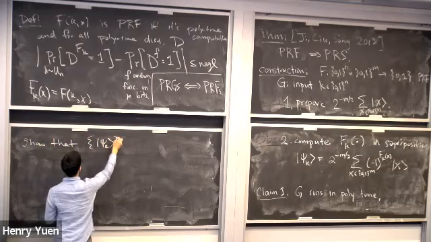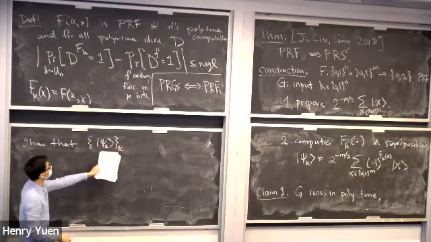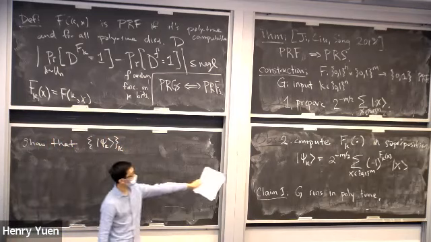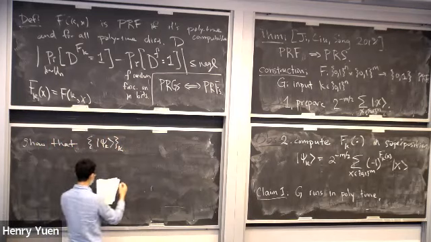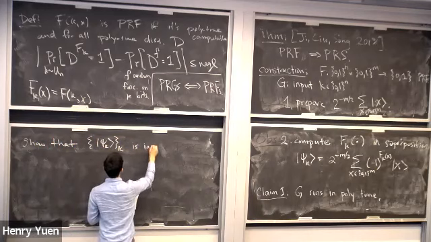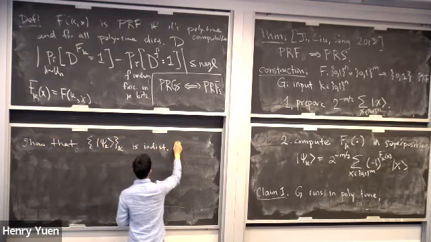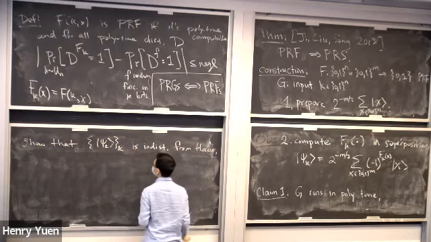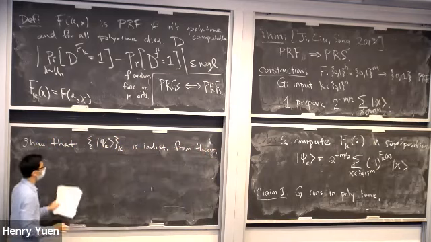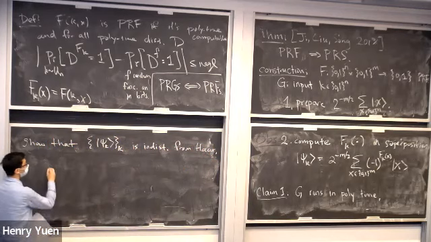So for every key K, there's a different quantum state psi sub k. We're going to look at this ensemble of states. It is indistinguishable from random, even given a polynomial number of copies of these states.